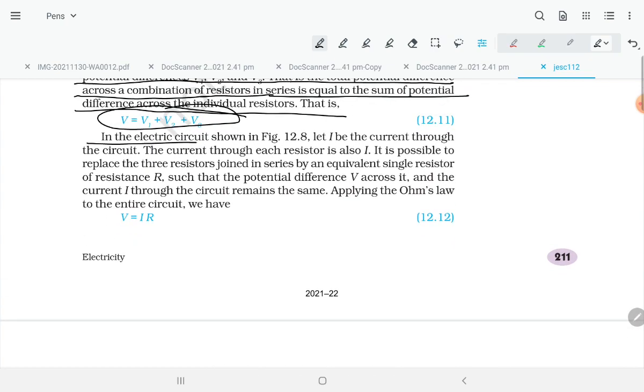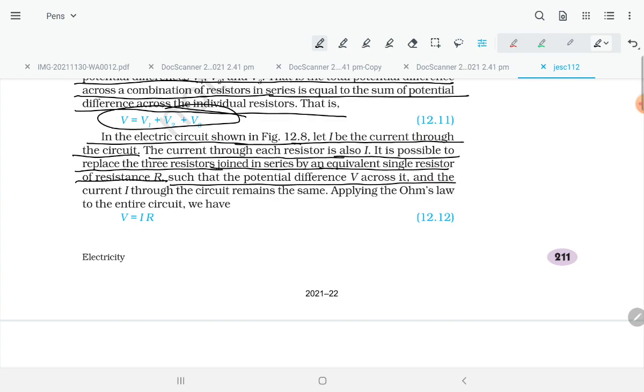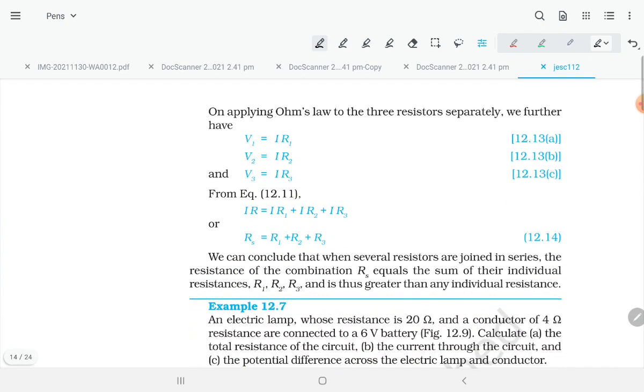In the electric circuit shown in figure 12.8, let I be the current through the circuit. The current through each resistor is also I. It is possible to replace the three resistors joined in series by an equivalent single resistor of resistance R, such that the potential difference across it and the current I through the circuit remain the same. Applying Ohm's law to the entire circuit, V is equal to IR.